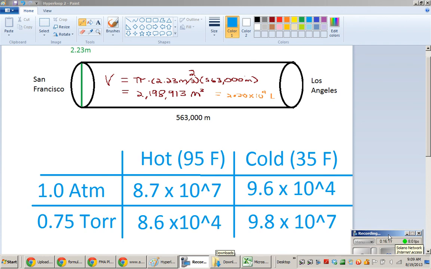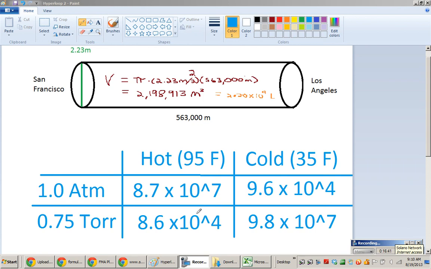So if I repeat this calculation for different pressures and different temperatures, I find that there are huge differentials, huge changes in the number of moles that are present under vacuum, under the reduced pressure versus just regular 1 atmosphere. So for 1 atmosphere, this giant tube would hold 8.7 times 10 to the 7th moles of gas.